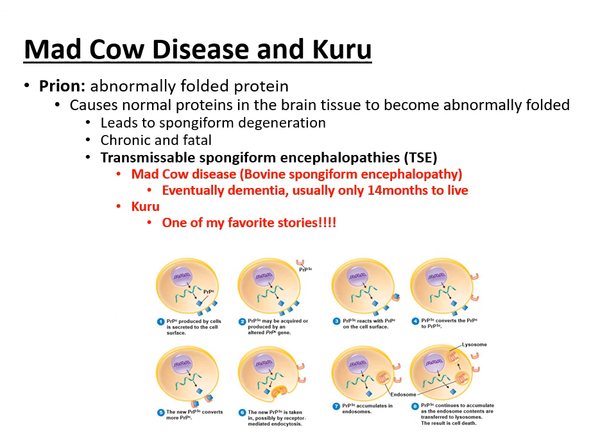Now, in addition to viral infections of the nervous system, you also get prion infections, and this is one of my favorite topics. You're already all pros at this. This is just to remind you that prions are infectious agents that are misfolded proteins.